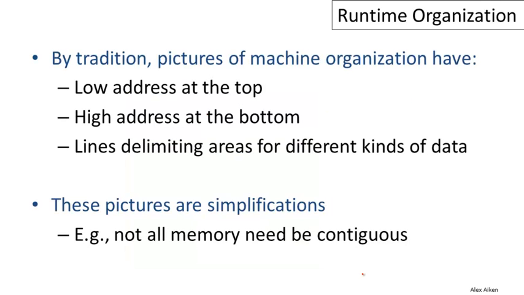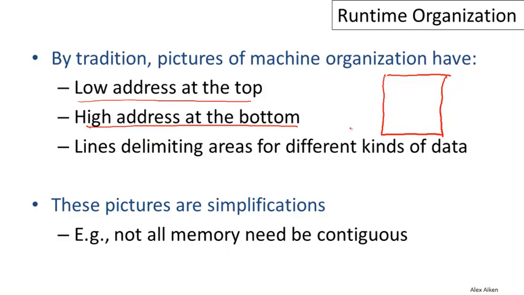Before going on, I want to say a few words about these pictures of runtime organization, because I'm going to be drawing a lot of them over the next few videos. It's traditional to have memory drawn as a rectangle with the low address at the top and the high address at the bottom. There's nothing magic about that. It's just a convention. We could just as easily have reversed the order of the addresses. It's no big deal.